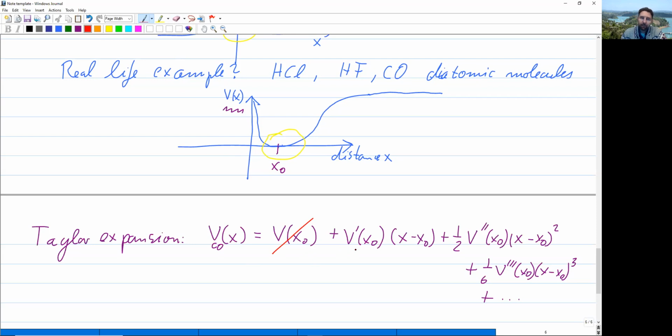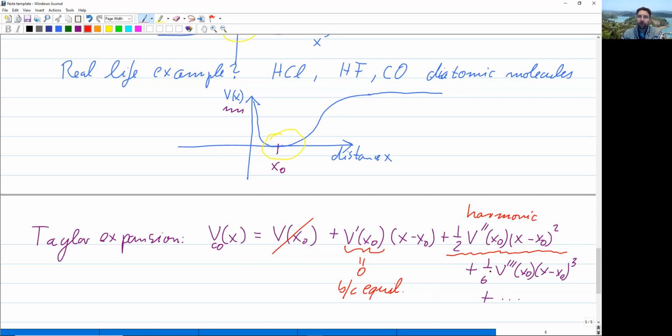The second term is vanishing because we are at the equilibrium. And the third term is the one we're going to be interested in, because this is a harmonic potential, because it grows quadratically with the distance.